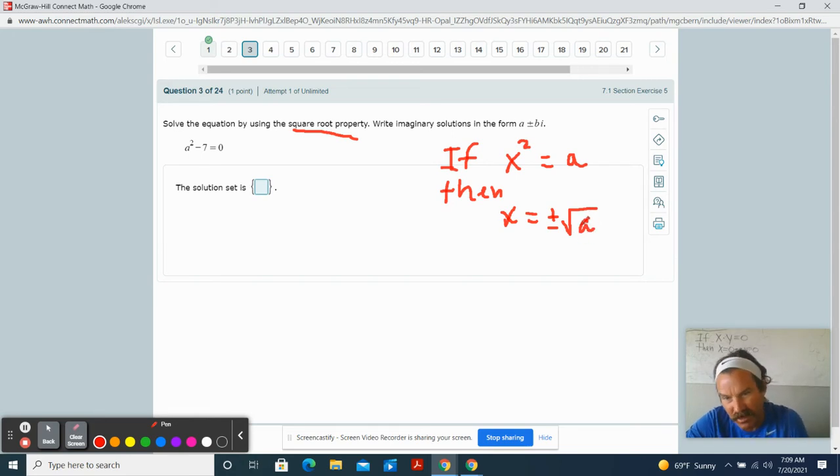Sometimes we're able to take the square root of the number, like 9, and other times we can't. We have to simplify it. We don't ever want to go into decimals. We want to write the answer in simplest form.